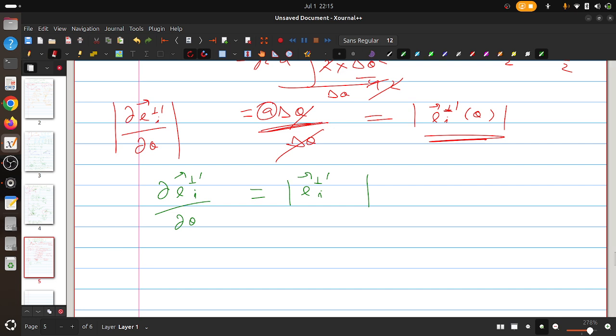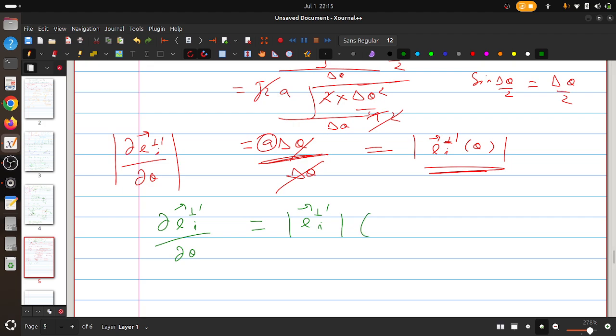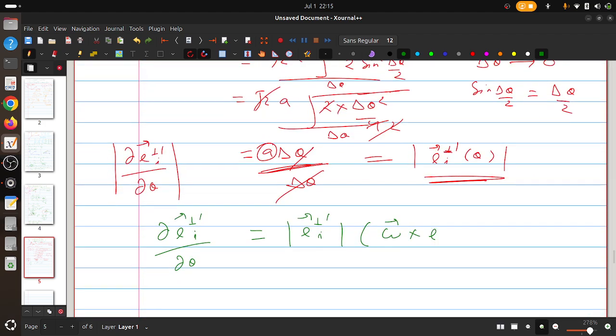We can just remove this theta here because it is not a function of theta anymore. So this would be omega prime E_I, this quantity here. Oh, sorry, this is a mod.